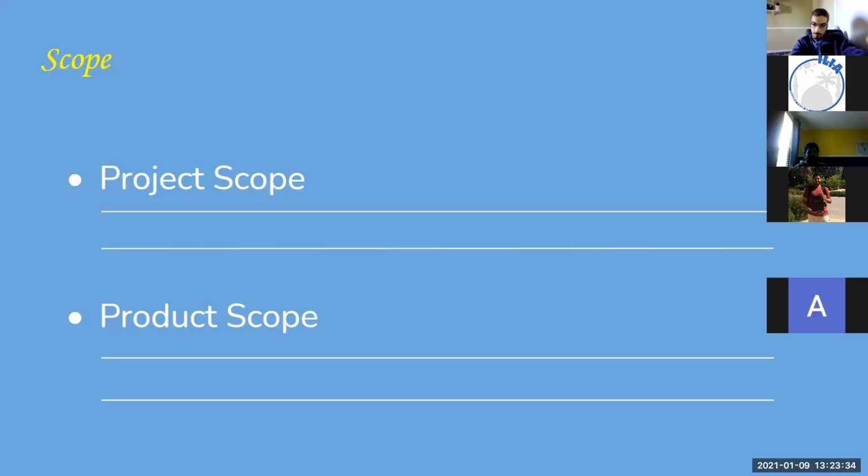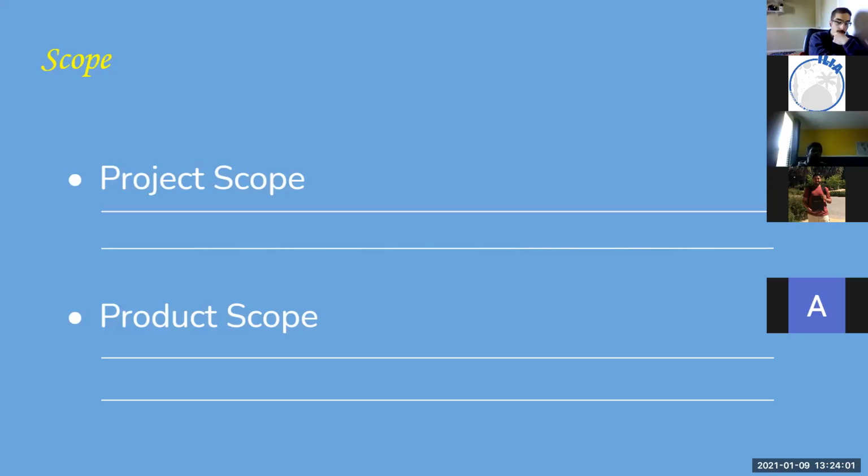Right, okay, great. So in other words, the product scope is the features and capabilities of our deliverable. Just like you said, the vaccine needs to be effective, meaning the features of the vaccine: it works for population under 60 or between 60 and 80, or it's effective after 3 days of administration, and so on.